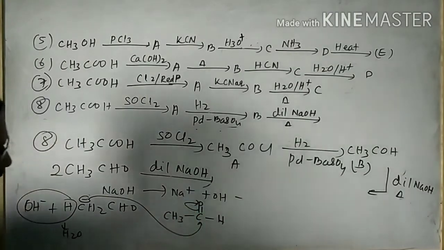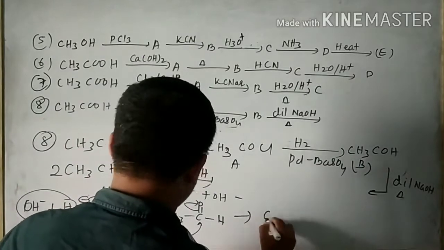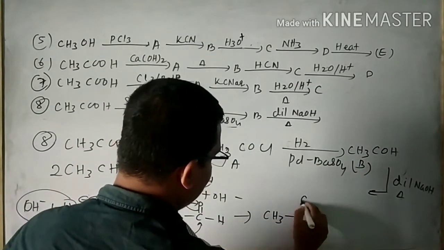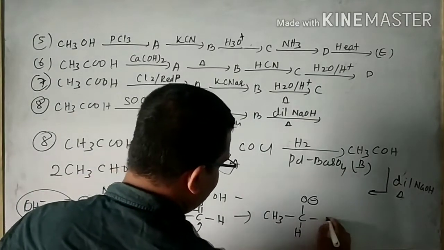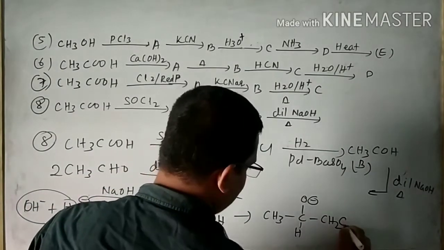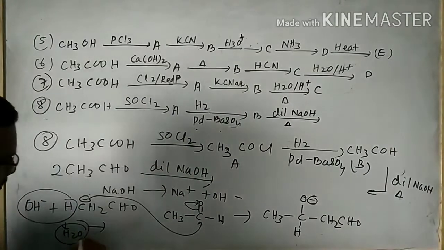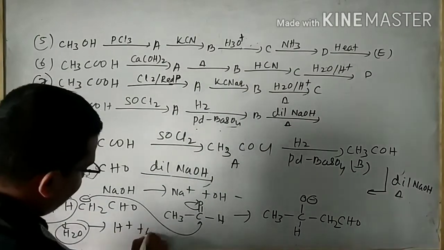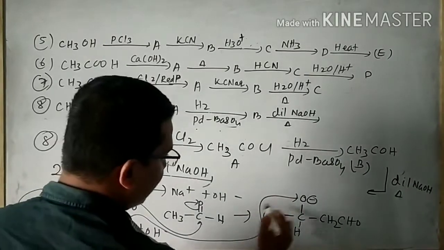Your O minus will be formed. That means we can write CH3 bond C O minus, H bond CH2 CHO. Your water molecule again breaks, giving H plus, OH minus, and this H plus goes to the O minus.